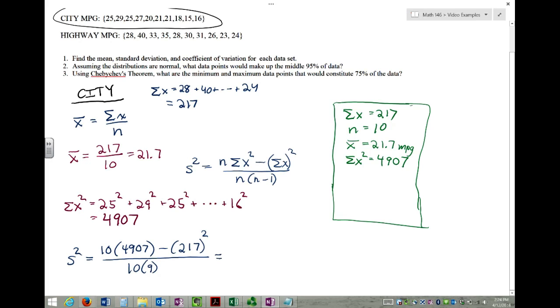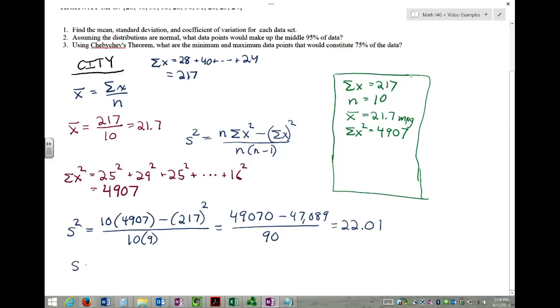Okay, so we have 10 times 4,907, and 217 squared is 47,089. Of course n times n minus 1 is 90. If we plug all this information in and divide by 90, we get 22.01. And so the standard deviation itself is going to be the square root of 22.01, and we take that number and we get 4.69.